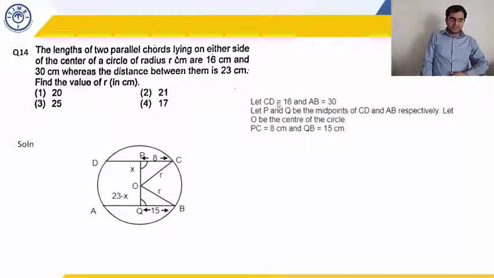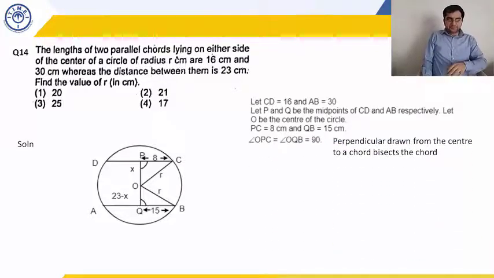These are the things that are given. CD is 16, AB is 30. P and Q are the midpoints that I have assumed, and I then draw 2 perpendiculars. So angle OPC and OQB are 90 degrees. I use the property of the circle that perpendicular drawn from the center to a chord bisects the chord. Please write this carefully in your copy.